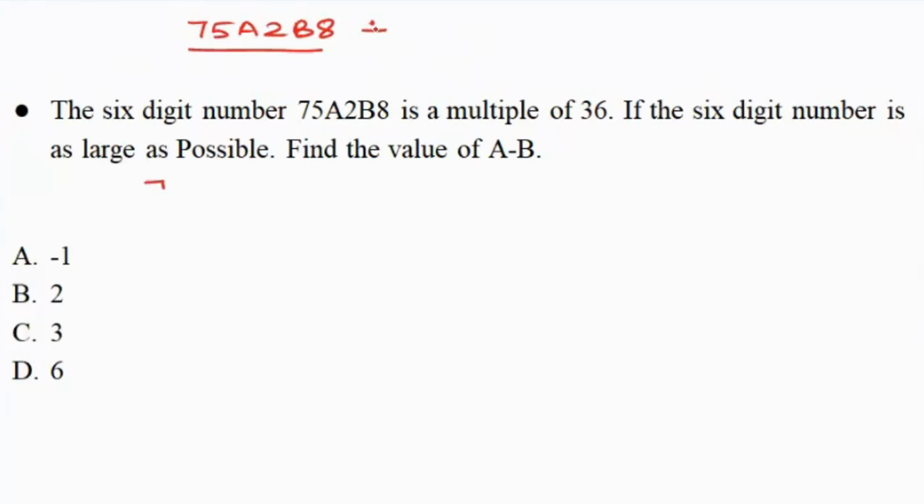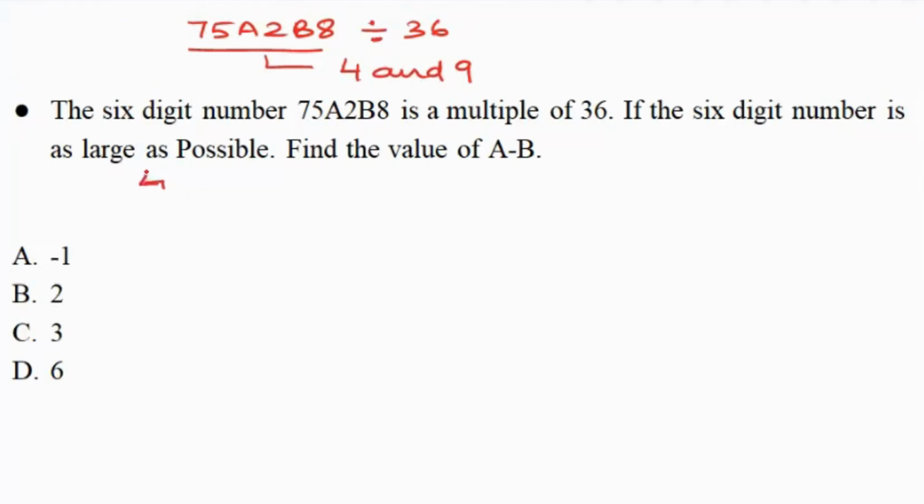A number is divisible by 36 when the entire number is divisible by both 4 and 9. Then we can say that the particular number is divisible by 36. So since this number is divisible by 36, it should be divisible by both 4 and 9.